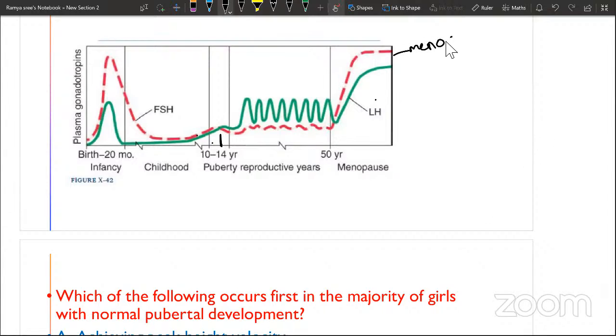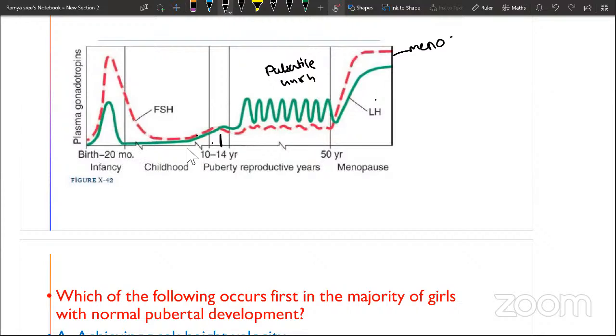In the reproductive age they're released in pulses, both LH and FSH. LH high amplitude pulses, FSH low amplitude pulses. This is because of the pulsatile GnRH. Everything is dancing in reproductive age group.